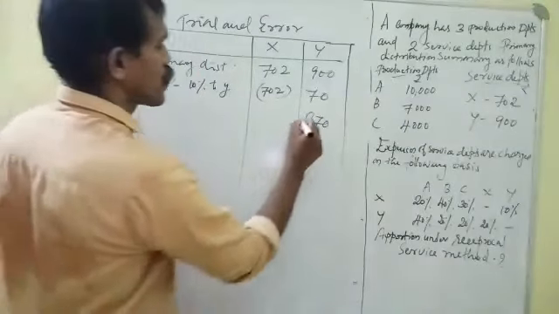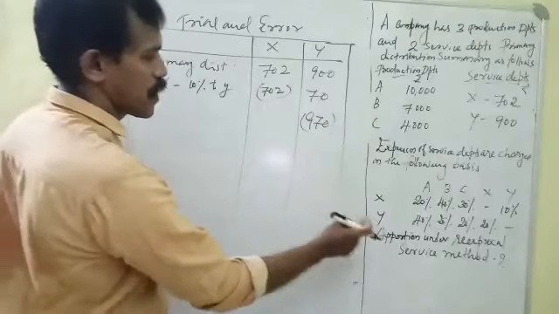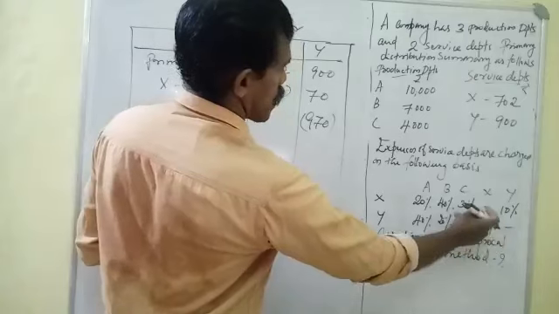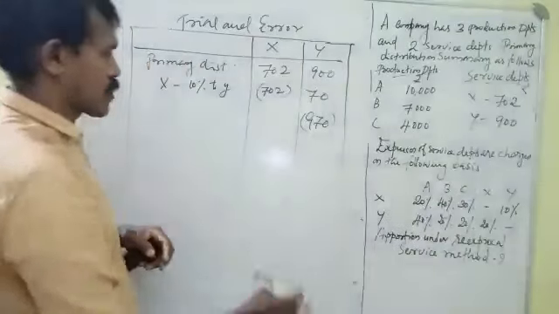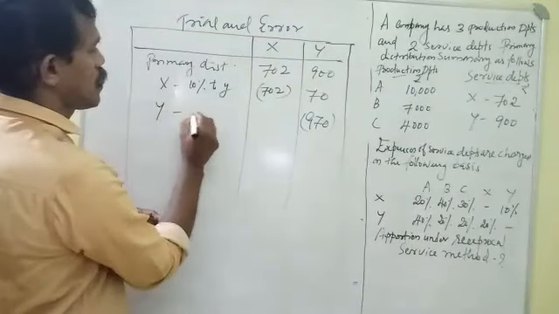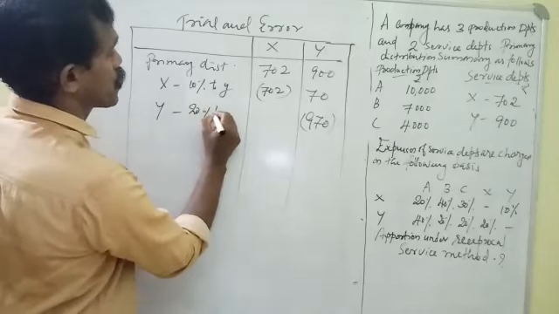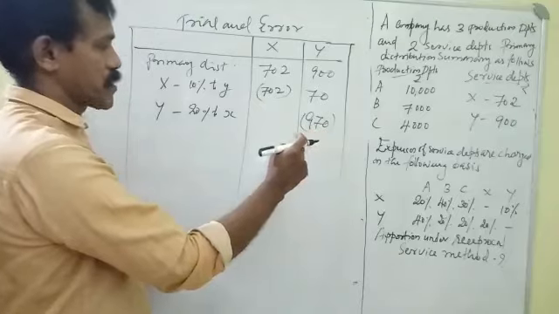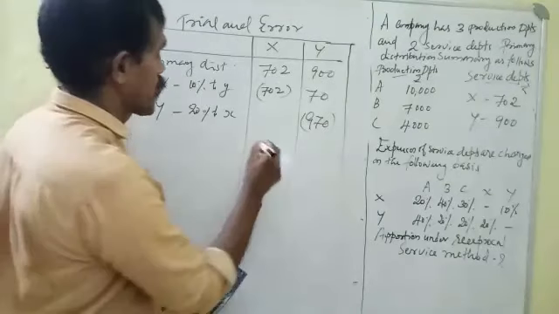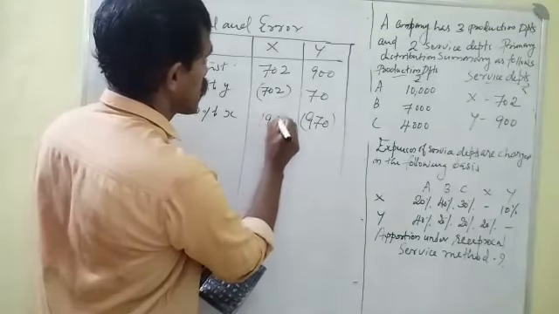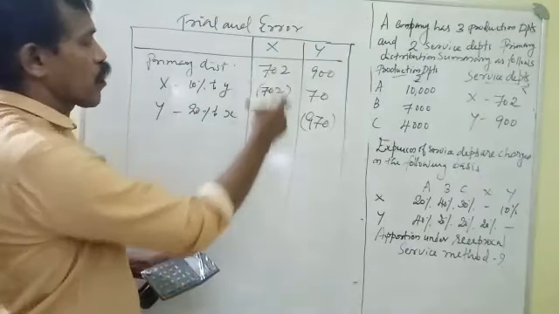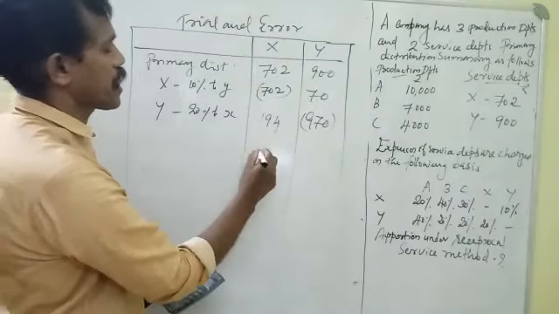Now, in the case of Y, 20% is charged to X. So Y's 20% of 970 is 194, which we charge to X. Now in the column of X we have this 194.